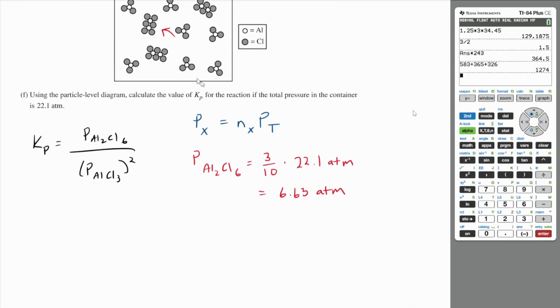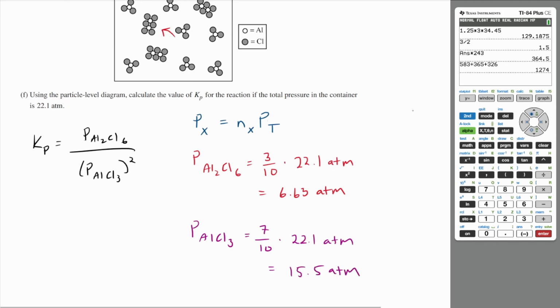And let's do that same process for the reactant. So the partial pressure of aluminum chloride is going to be the mole fraction, which is 7/10 times 22.1 atmospheres, and that is about 15.5 atmospheres. So let's plug that into our expression here.